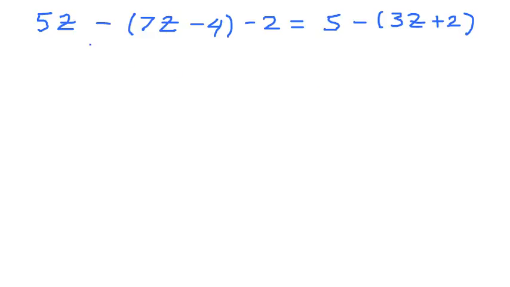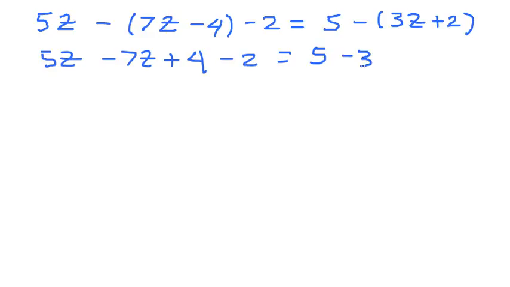Alright, so let's rewrite 5z here. Distribute this minus across, so we got minus 7z, and minus and a minus is plus 4, minus 2 is equal to 5 minus 3z minus, that's a 2, right?